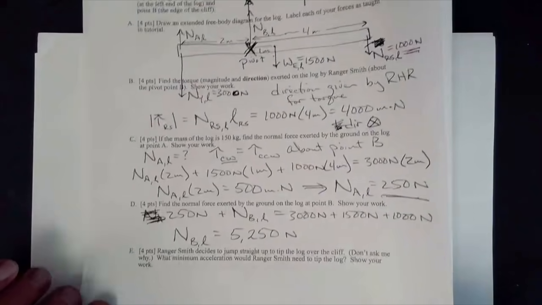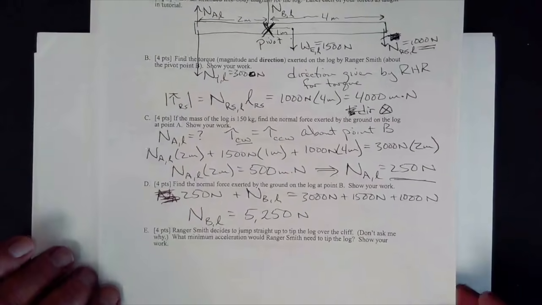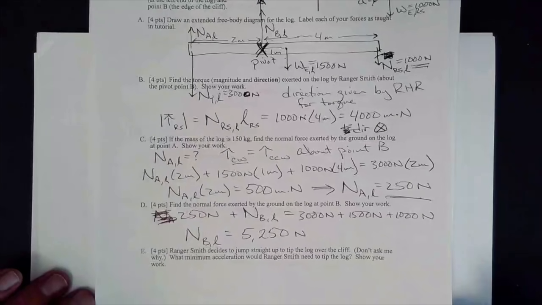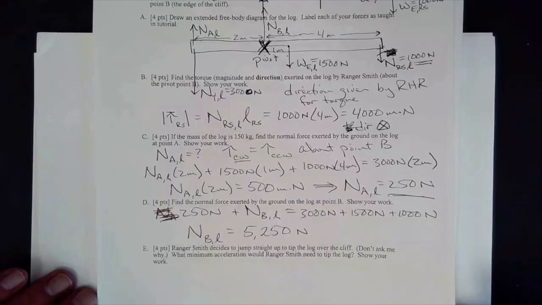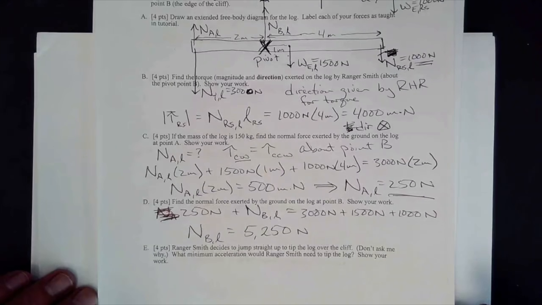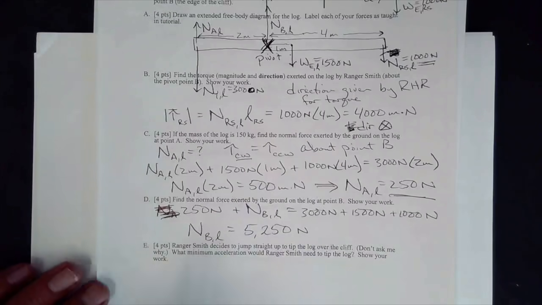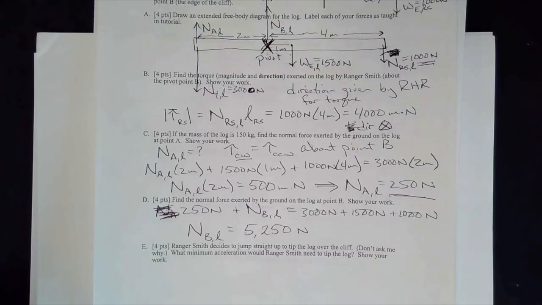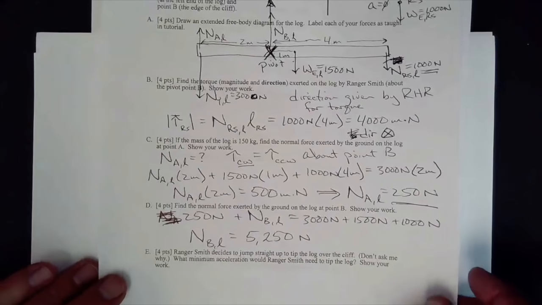Okay, now this last part proved to be the most difficult part of the whole exam. This is where people really had a hard time. We're told that Ranger Smith finally gets fed up with being humiliated, and he decides to turn the tables on Yogi.